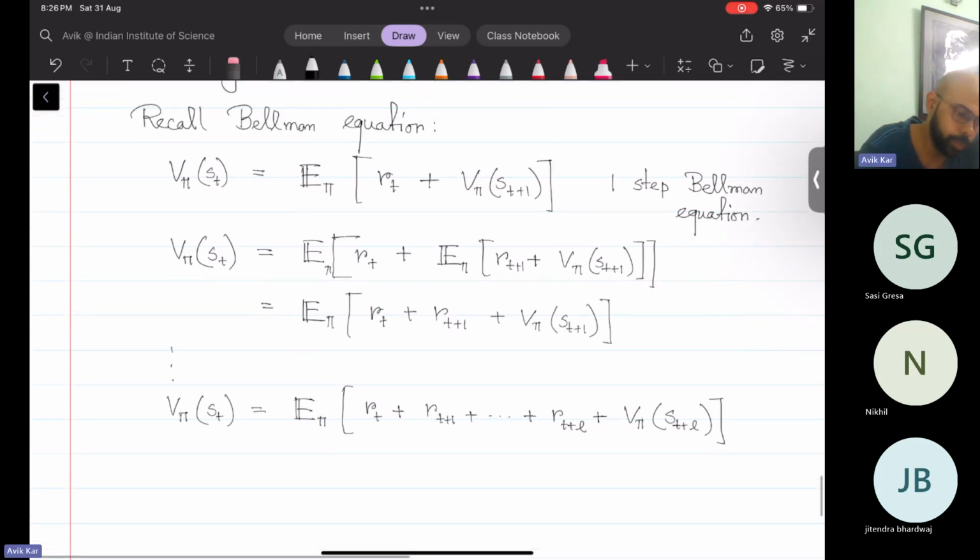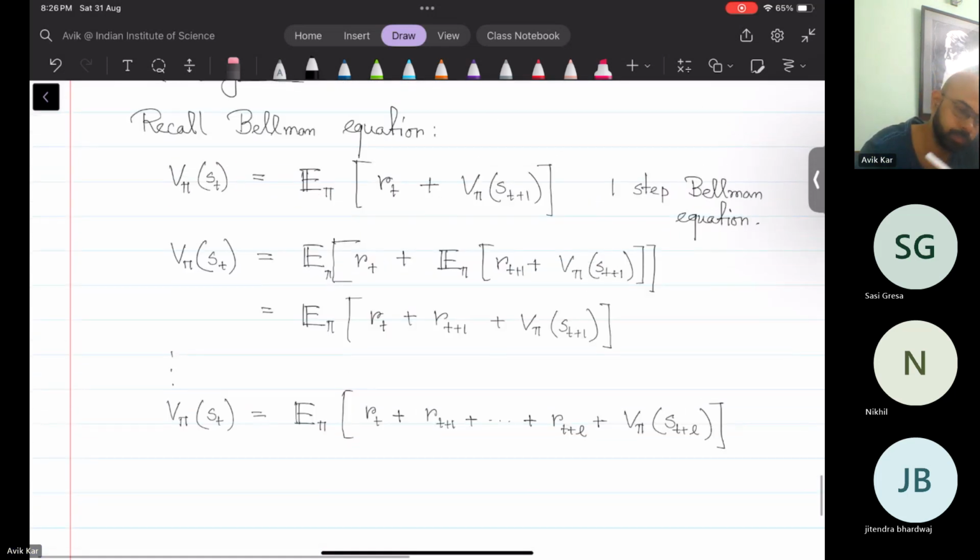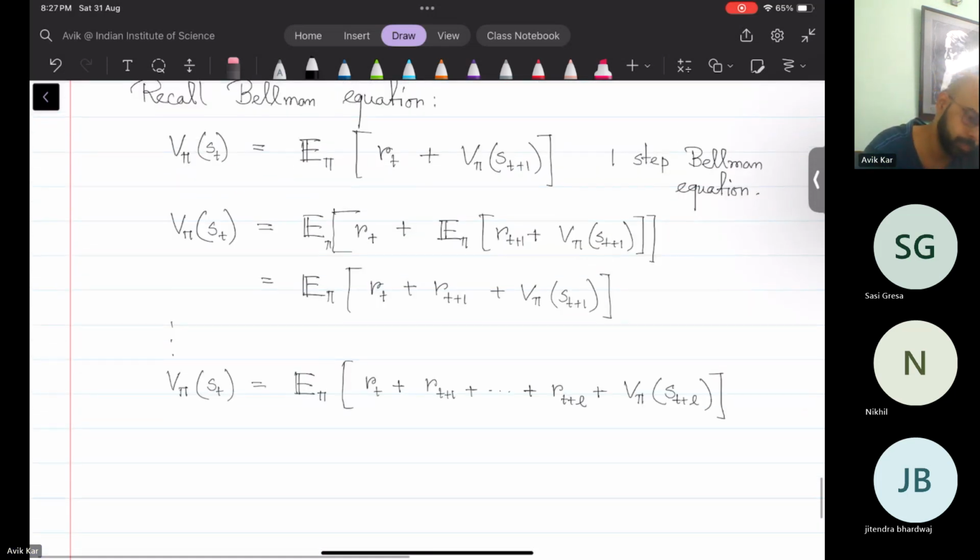Now, if we take the weighted sum of this, so what if we do the following?